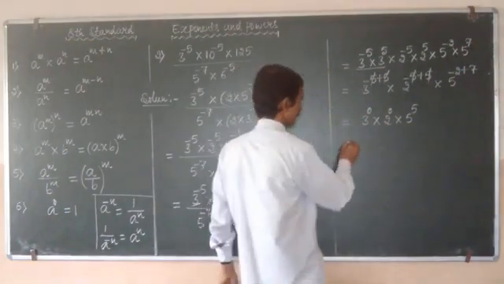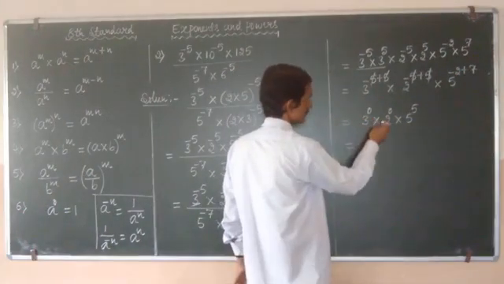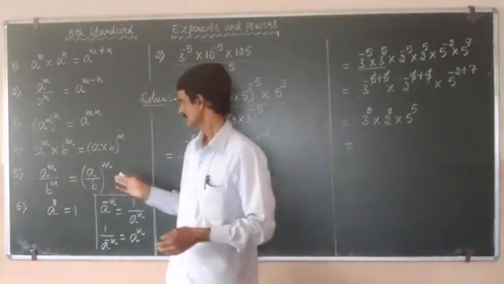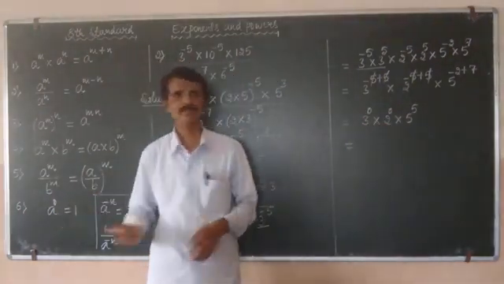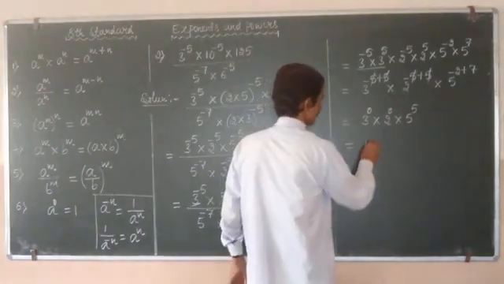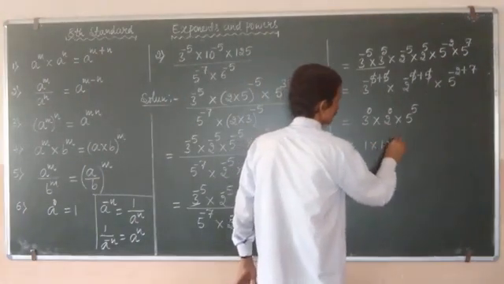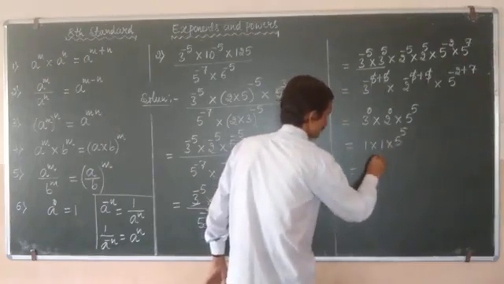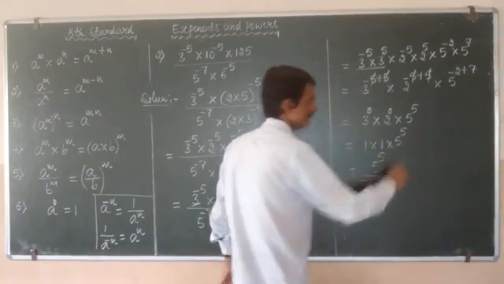Any base with the power 0, its value will be 1. So 1 into 1 into 5 to the power of 5, which is equal to 5 to the power of 5.